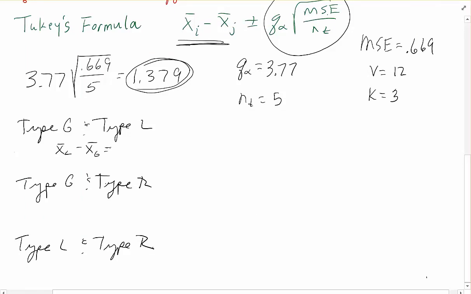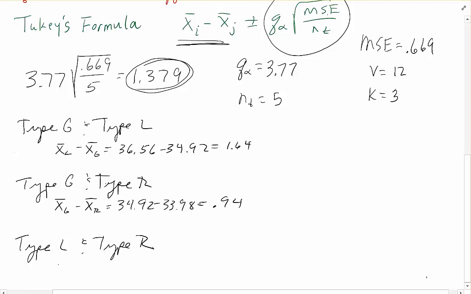So I'm going to take the L first because it's larger and that'll keep everything positive. So this value is 36.56 minus 34.92, and that's 1.64, the difference there. And then I'm going to compare type G and type R. So I'll take the sample means for those. I'll start with G and subtract the sample mean for type R. And this would be 34.92 subtract 33.98 and gives me 0.94.